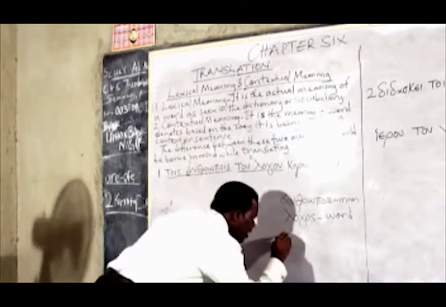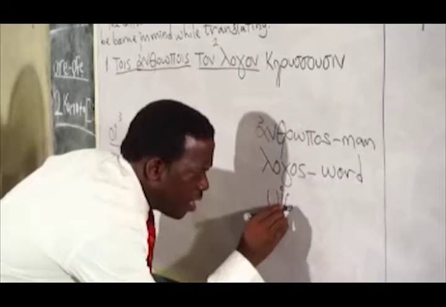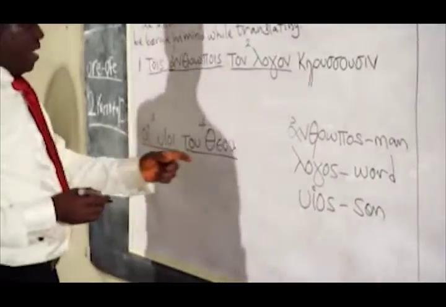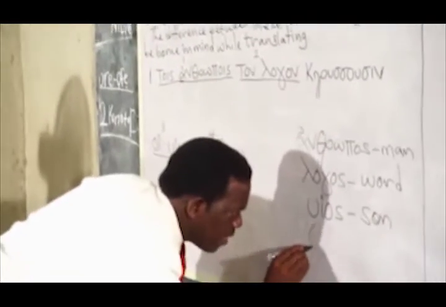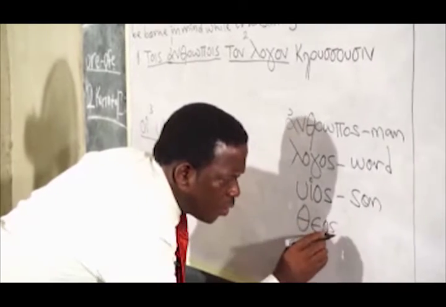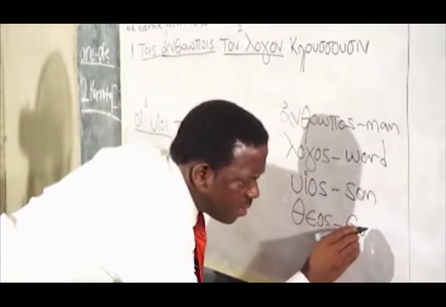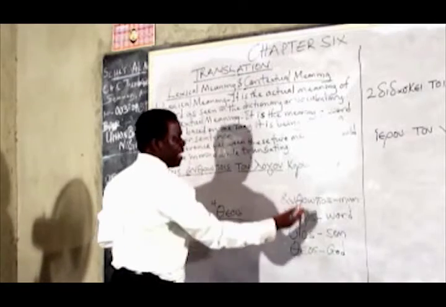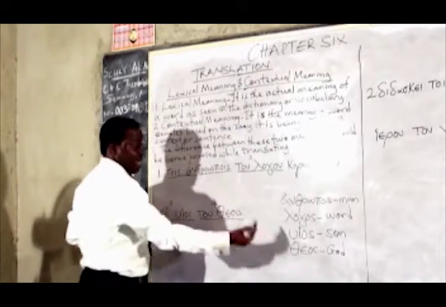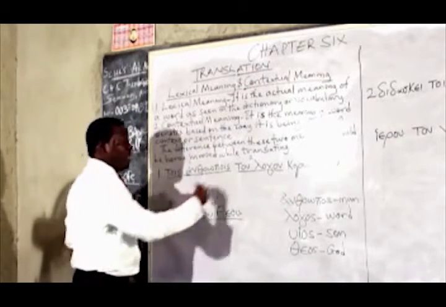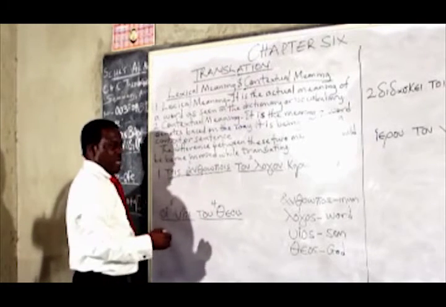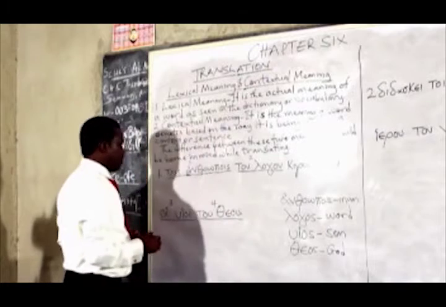The third one is huios, which means son. Then the fourth one is theos, which means God. So these are the lexical words and their meanings. But these nouns are used in this sentence to mean different things. So we are looking here at contextual meaning. And that is the translation we want to make.